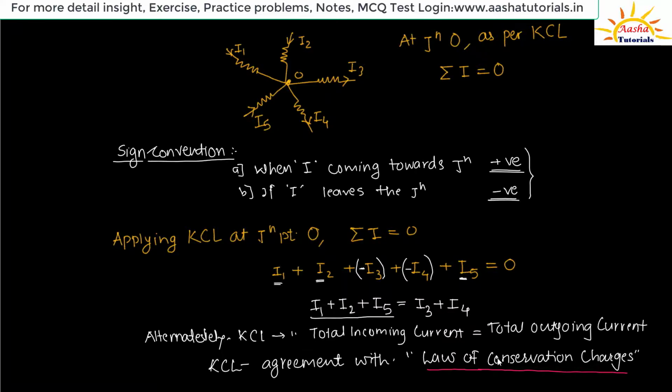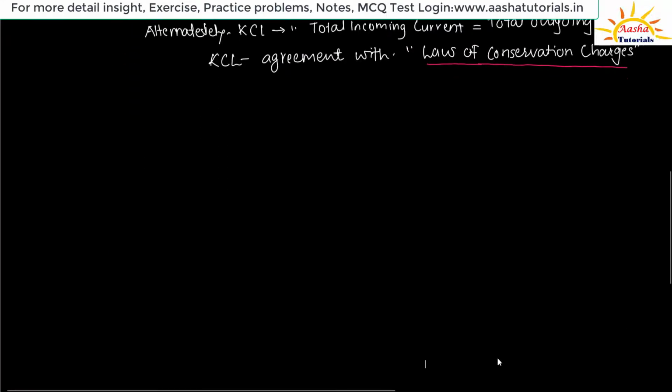Now we are going to discuss Kirchhoff's voltage law, that is the second law, or this law is also known as the loop law, as I told you. Let's first see its statement.